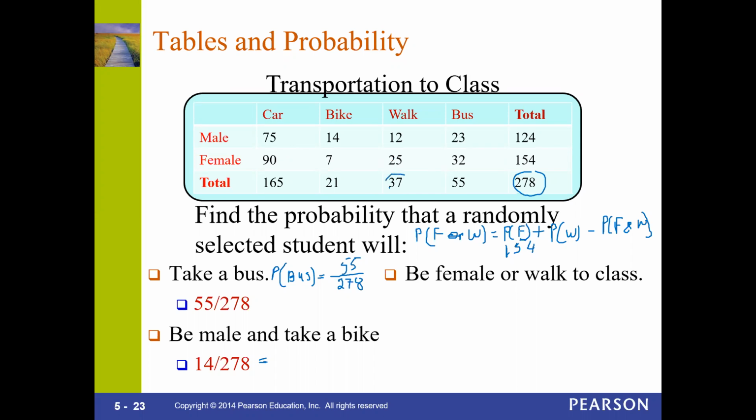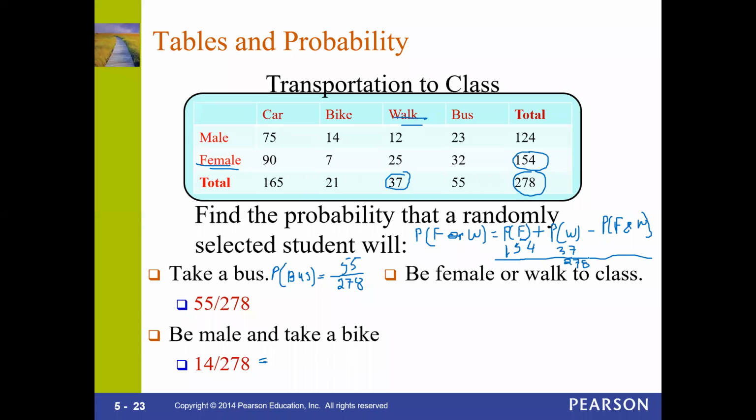See, right here and then there. This is for walk, and the other one is for females. That'll be 37 right here. And then you divide everything by 278.